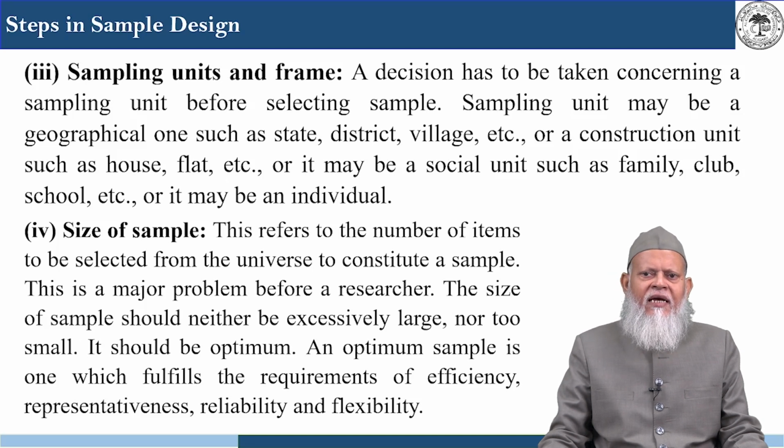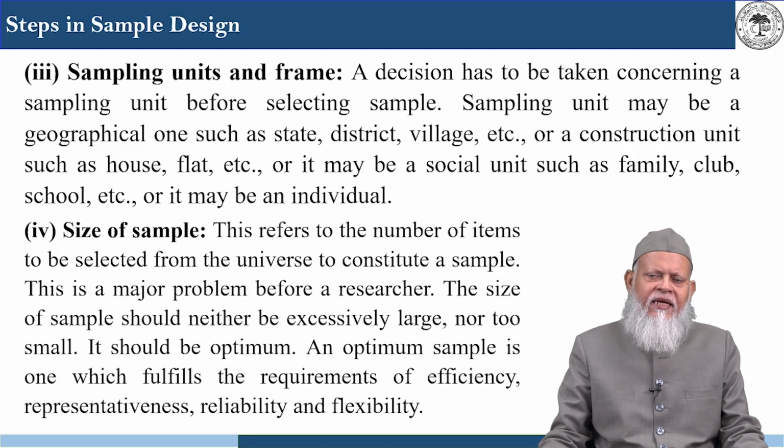And if we take a large sample, it moves towards the census survey. And of course, it would not be feasible in terms of support from finance or human resource, because the bigger the sample, the more finance and human resource support it requires.